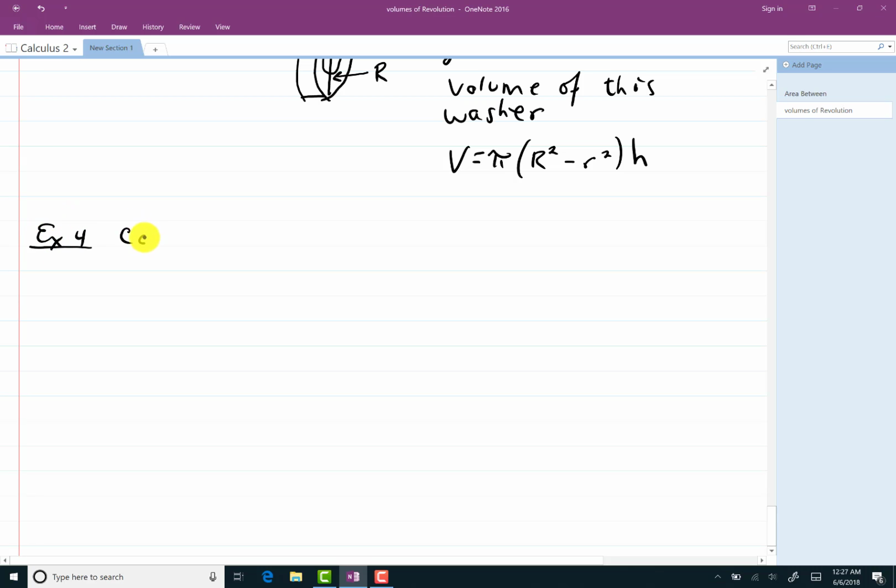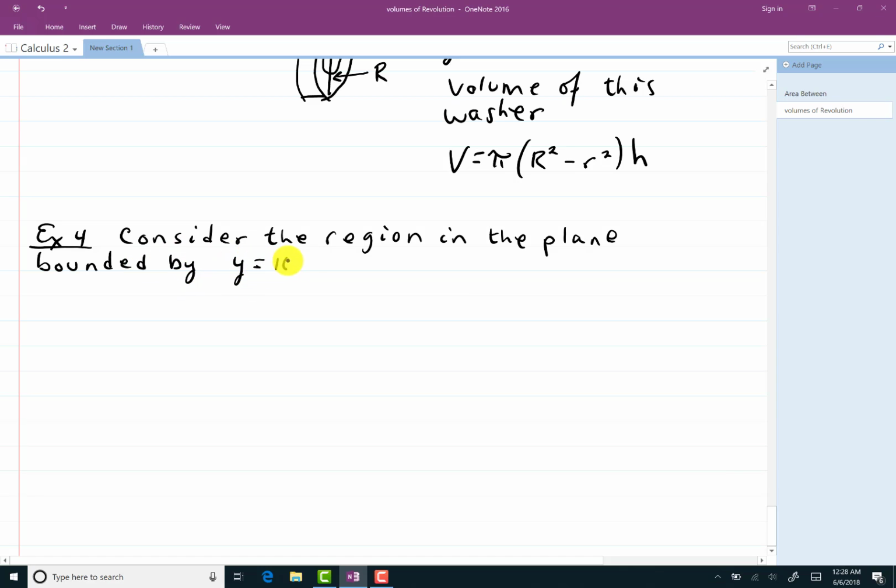Consider the region in the plane bounded by y equals 10 minus x squared and y equals x squared plus 3x plus 1.